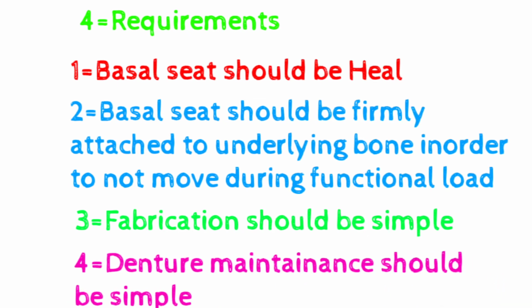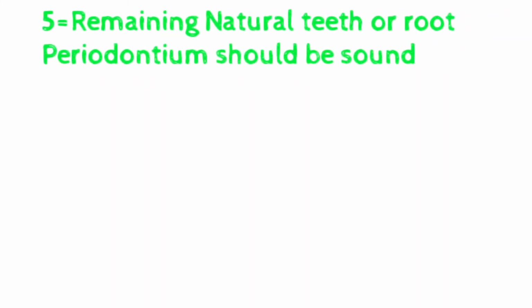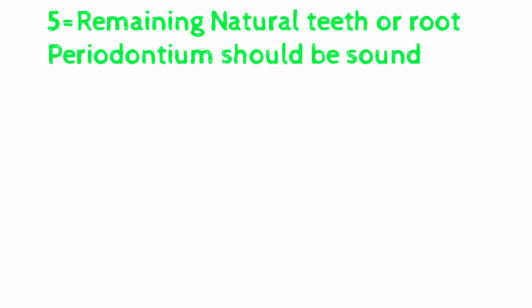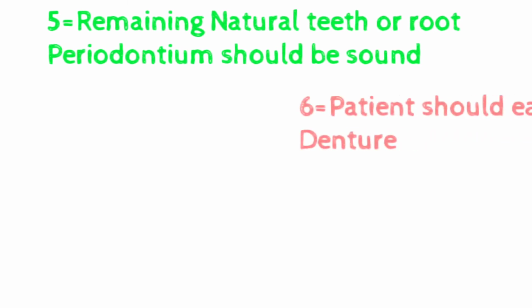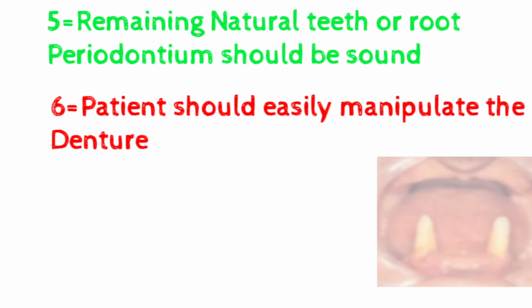Fourth, denture maintenance should be simple, meaning the patient can easily maintain the denture. Next, the remaining natural teeth or root periodontium should be sound. Number 6, the patient should easily manipulate the denture, meaning easily insert and remove the denture.